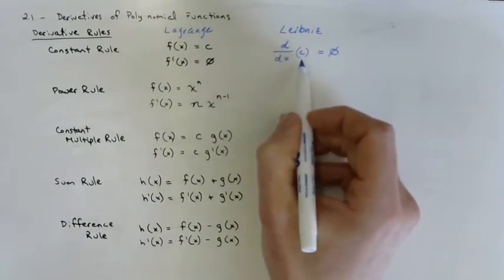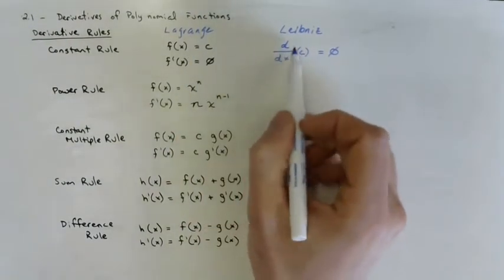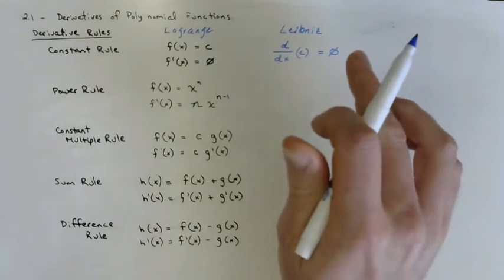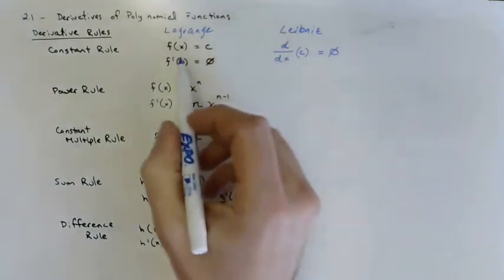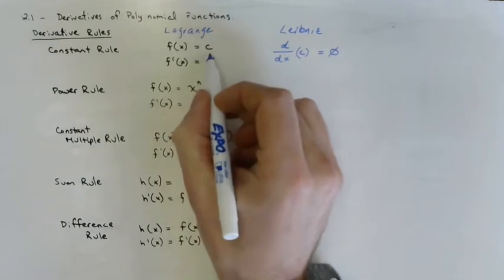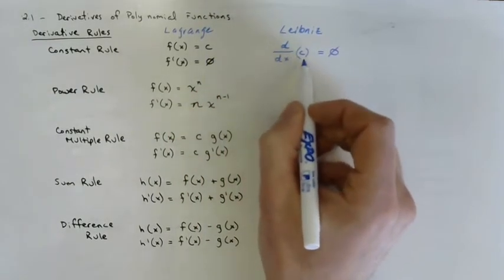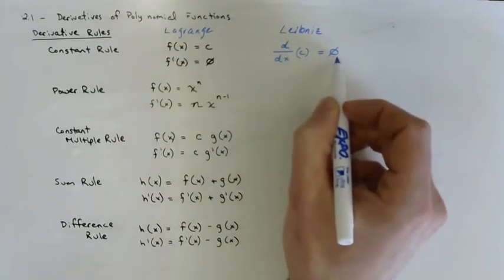So here we have the constant. So basically all this is saying is that the original function is f of x equals c, and the derivative of that function with respect to the constant is 0.